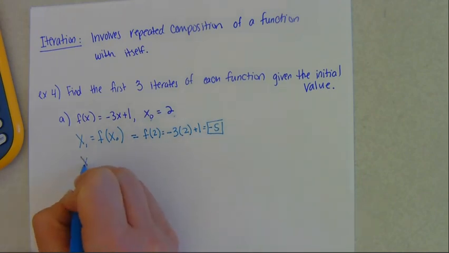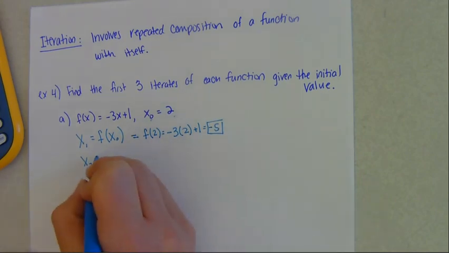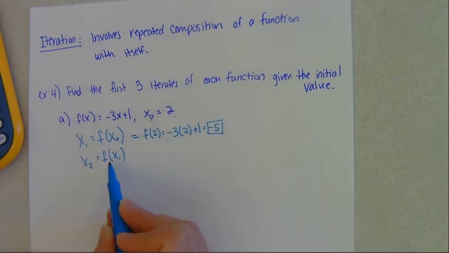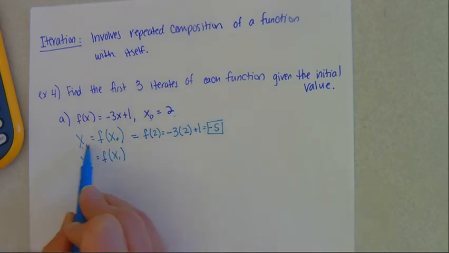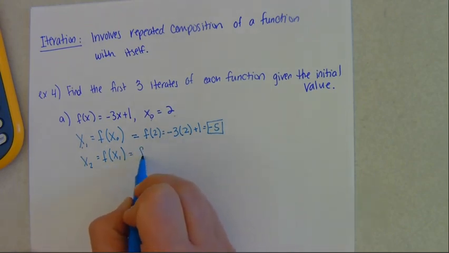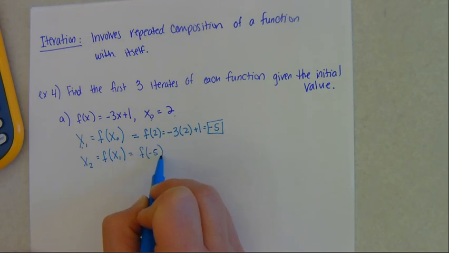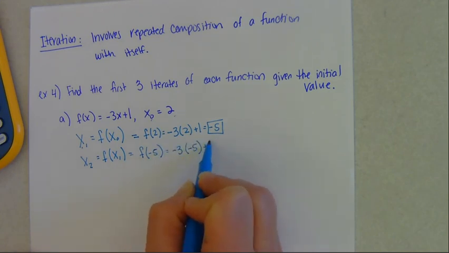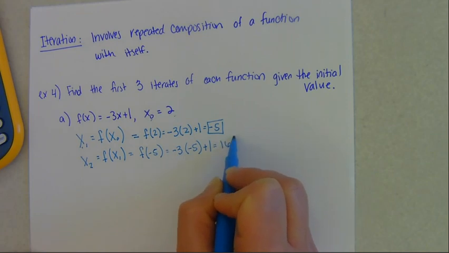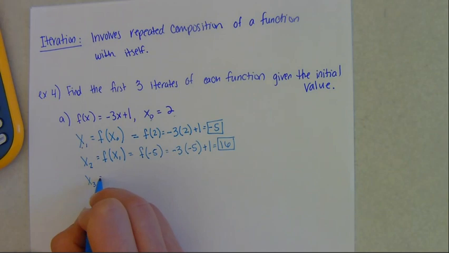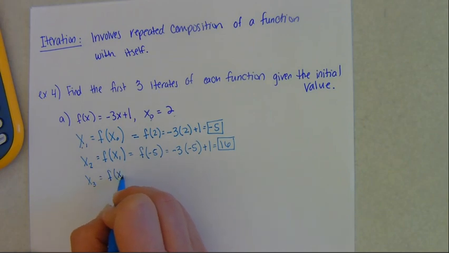If I wanted to get x sub 2, all I would do is take f of x sub 1. So now I'm going to take x sub 1, which you can see is negative 5, and plug that into the f function. So we're doing f of negative 5 now. Negative 3 times negative 5 plus 1 is 16. Then you do the same thing for the third one. Now I'm plugging in x sub 2.